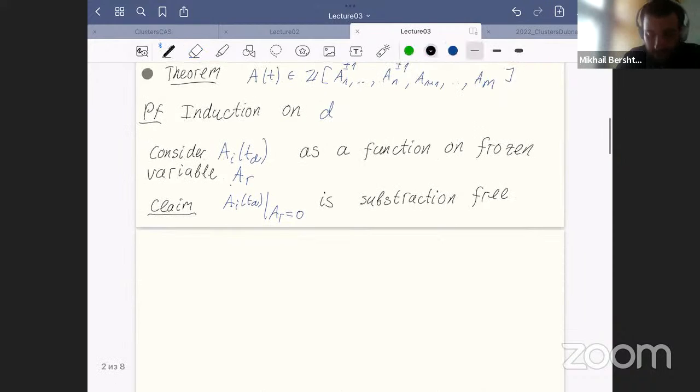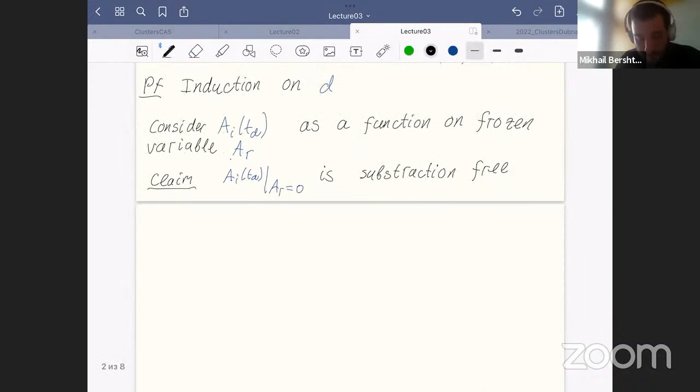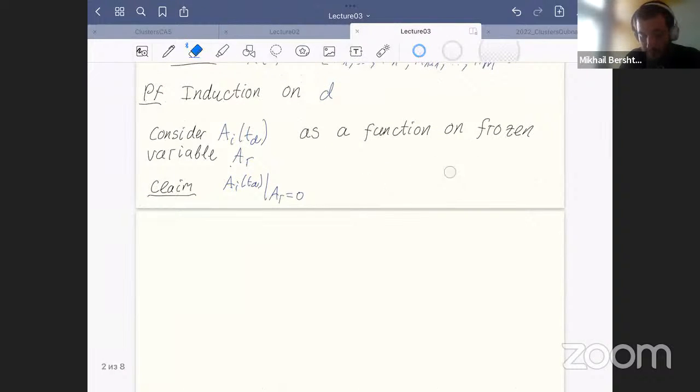Sorry, I thought that this proof would be the main problem of today's lecture, so maybe I should have worked it out more in the preparation. Anyway, what we want to prove is that if you substitute ar equal to 0, this is not equal to 0 and not equal to infinity.